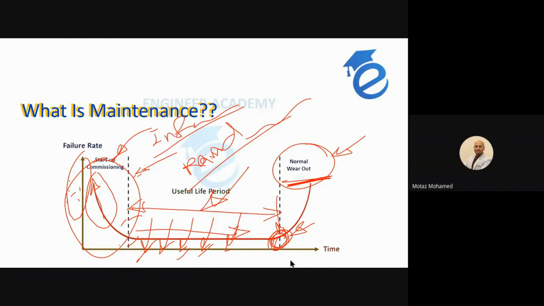Then actually, it's very, very important for us to succeed in utilizing all the equipment life until it reaches its end of life. But actually, this is not the actual case. Then, what is the actual case?